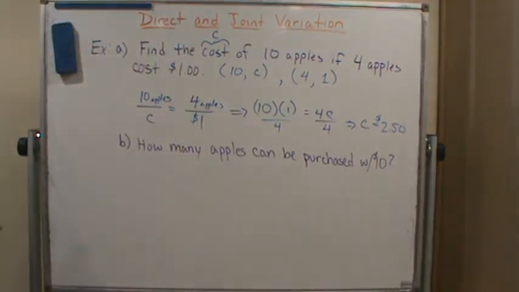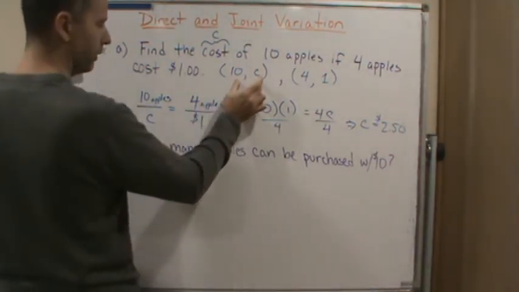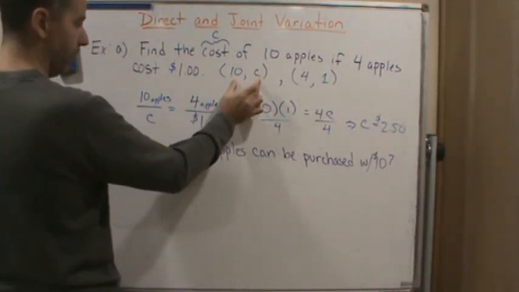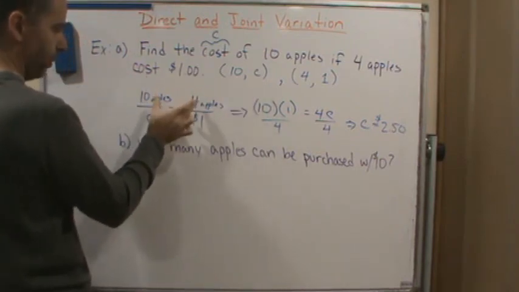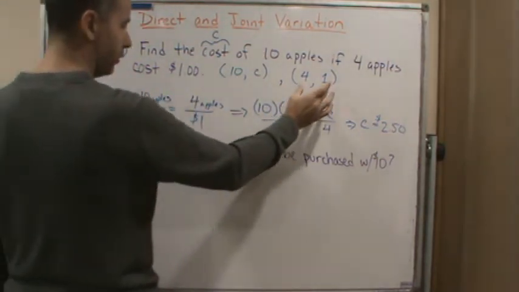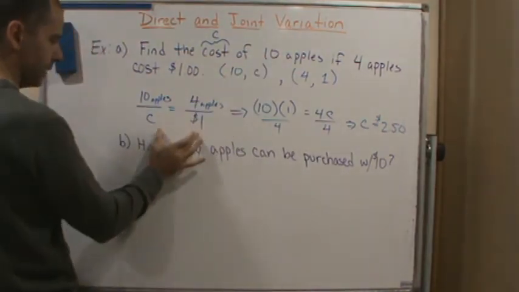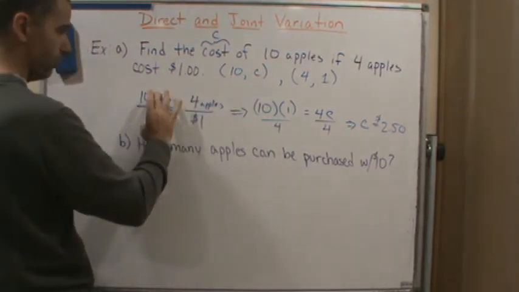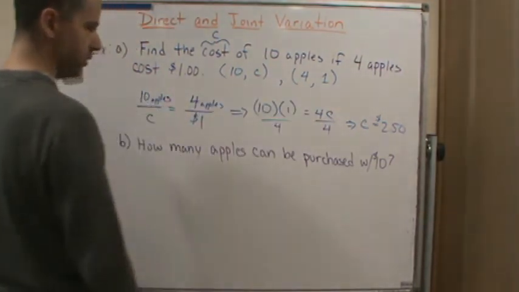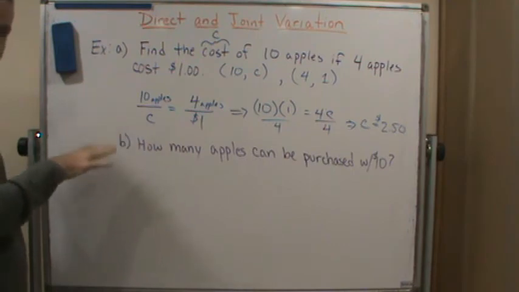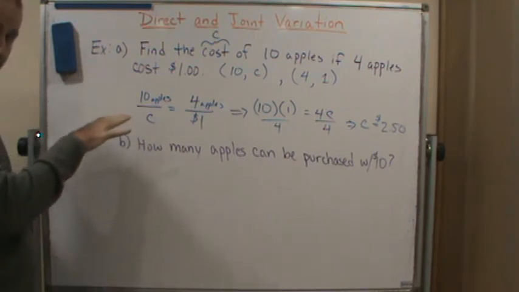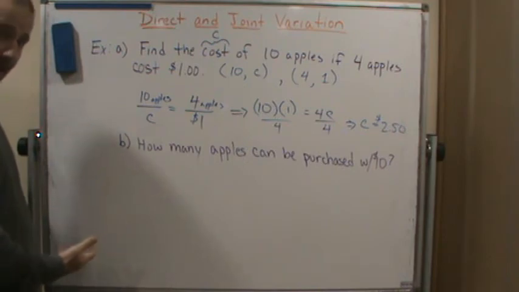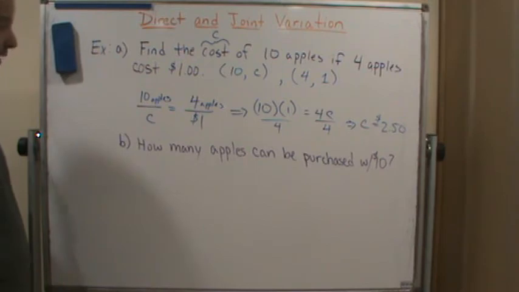So remember that you can either set it up where you use one pair of related values as both numerators and the other pair as both denominators, or you can use one pair for one ratio and the other pair for the other ratio. Just make sure you have them both being consistent, with the same units on top as on the bottom, regardless of which way you set it up.